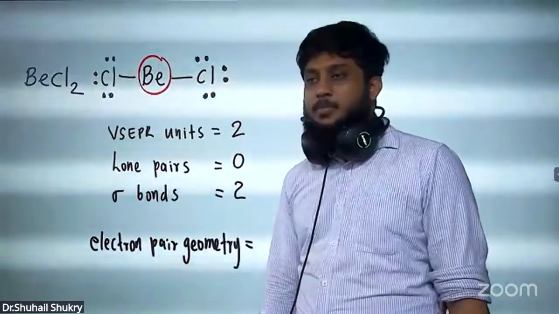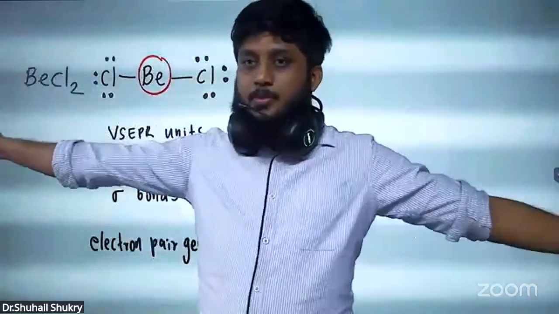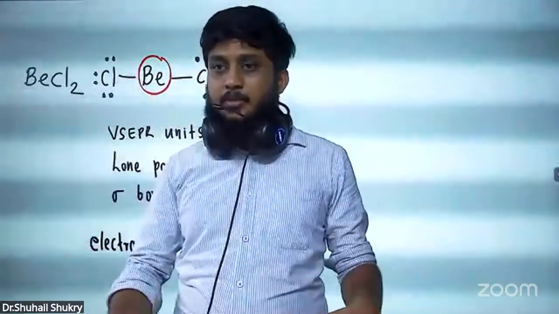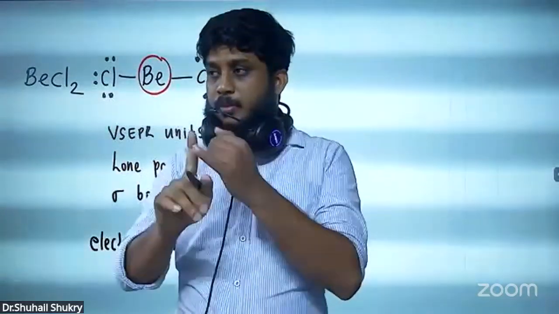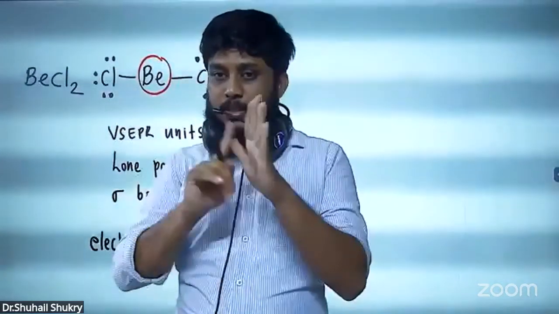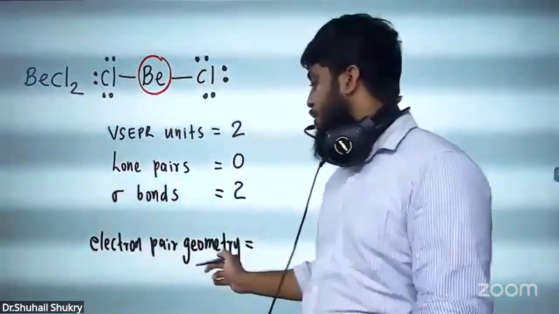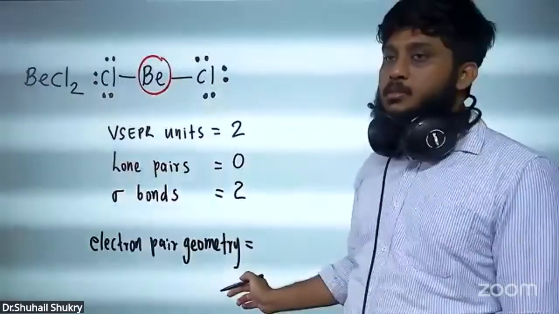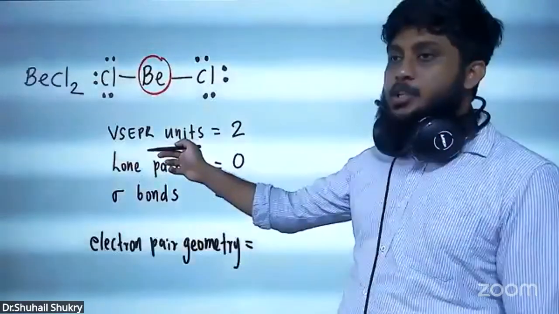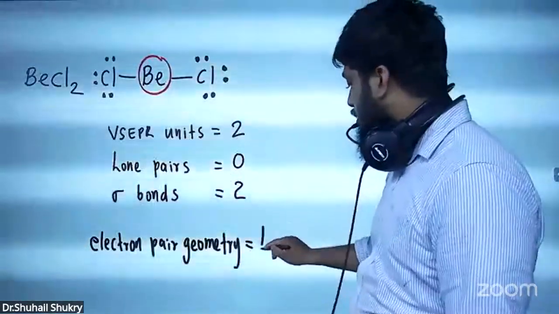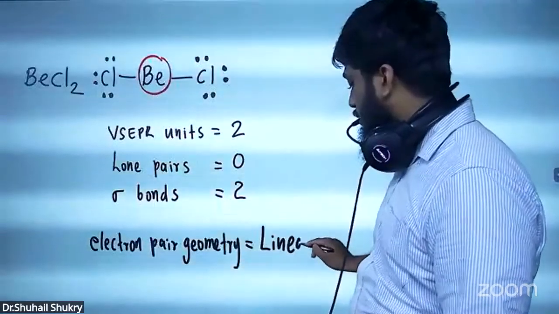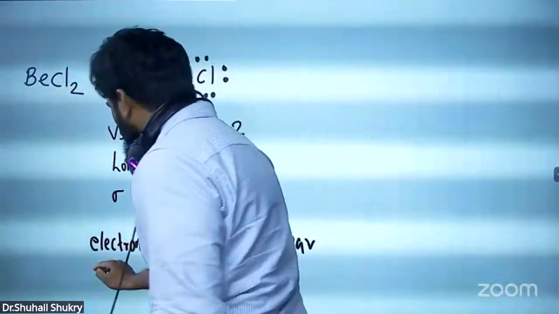Linear. At the beginning I gave 5 basic shapes, for 2 sigma, 3 sigma, 4 sigma, 5 sigma, 6 sigma. You have to put only those basic shapes for electron pair geometry. 2 VSEPR units means the answer will be linear. Third, I have to write the molecular shape.